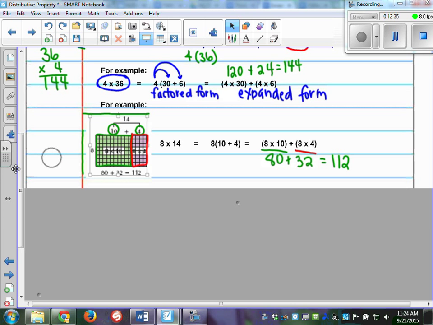So just to go over this one more time, this whole array here is 8 times 14. But if we want to split up the 14 into tens and ones, we can say that we have 10, and then we have 4 ones.